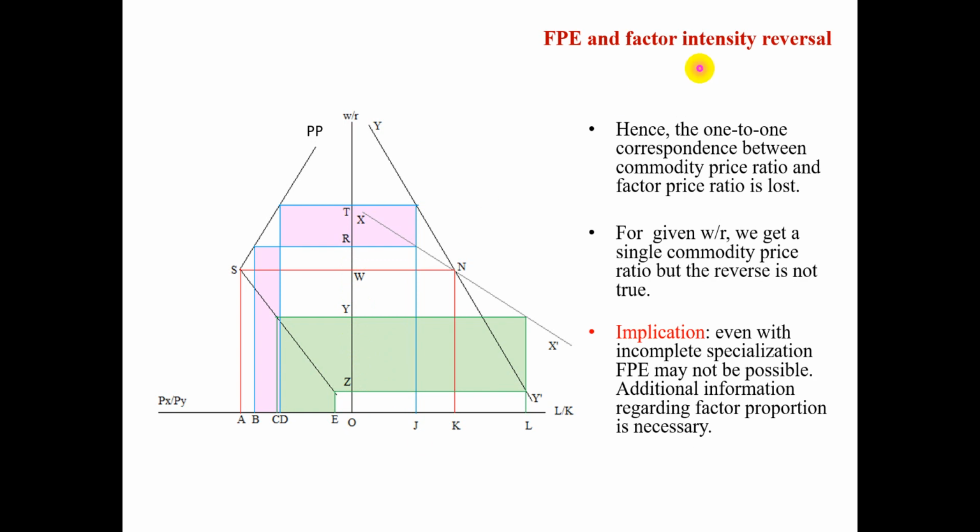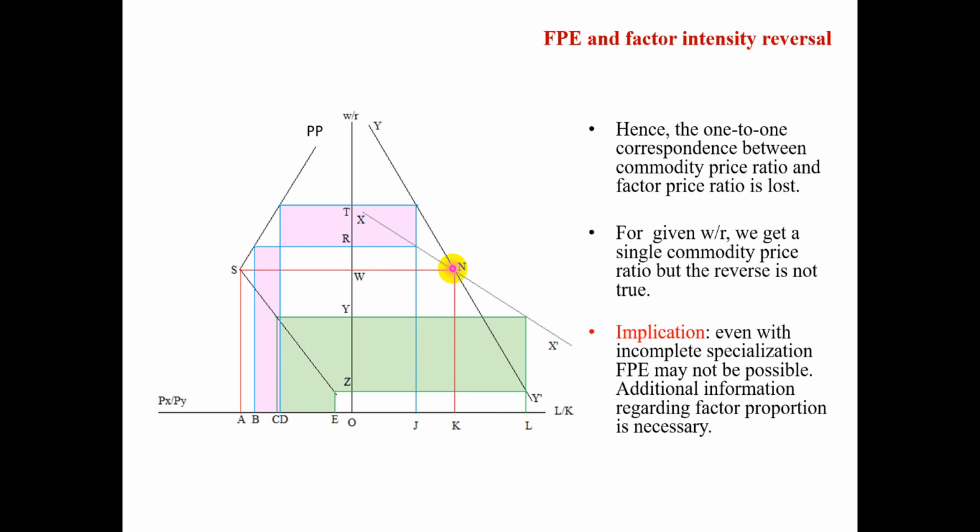Now let us see what happens to the factor price equalization. So we assume that in country A, the labor capital ratio is okay. Now if the endowment is such, then the commodities cannot be ranked in terms of the factor intensity.